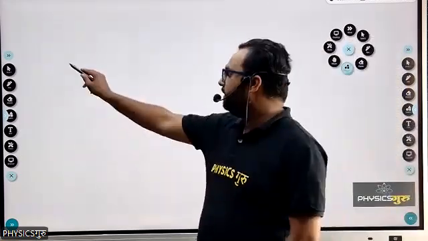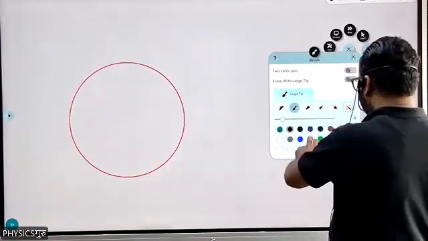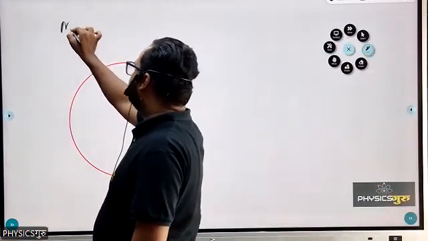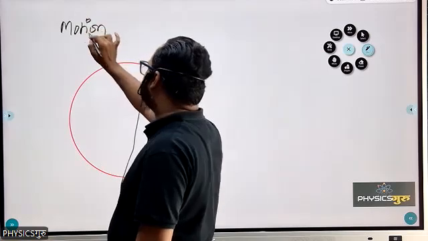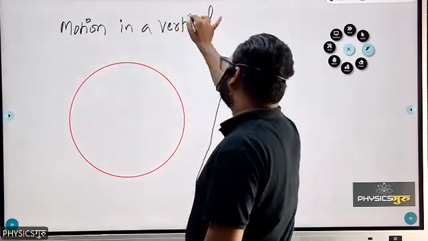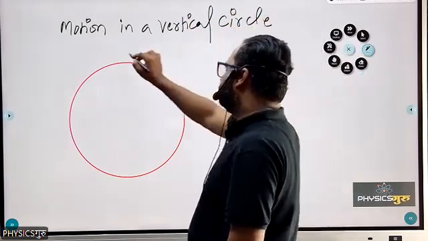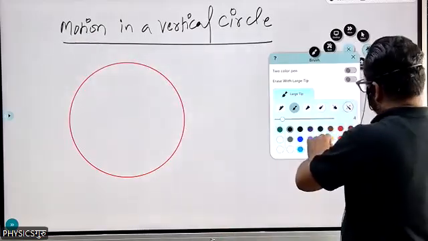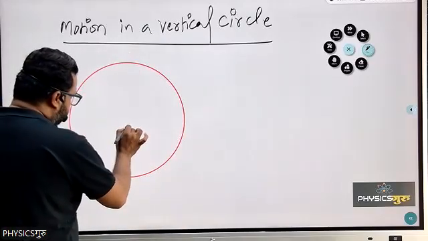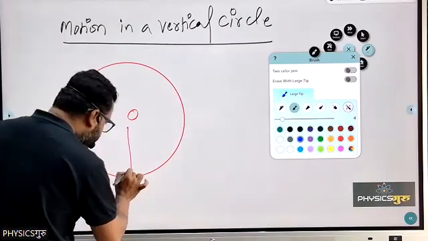Now observe. This is a circular motion, this is a circular track. We are talking about motion in a vertical circle.